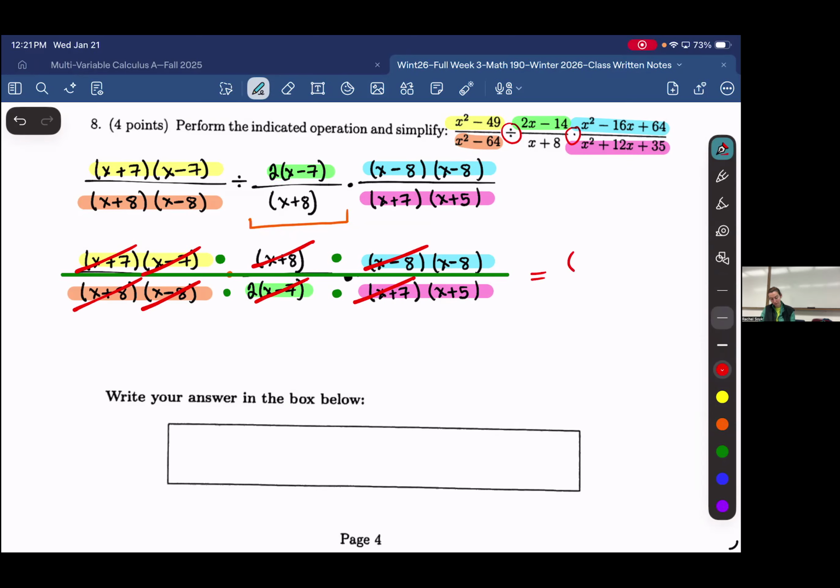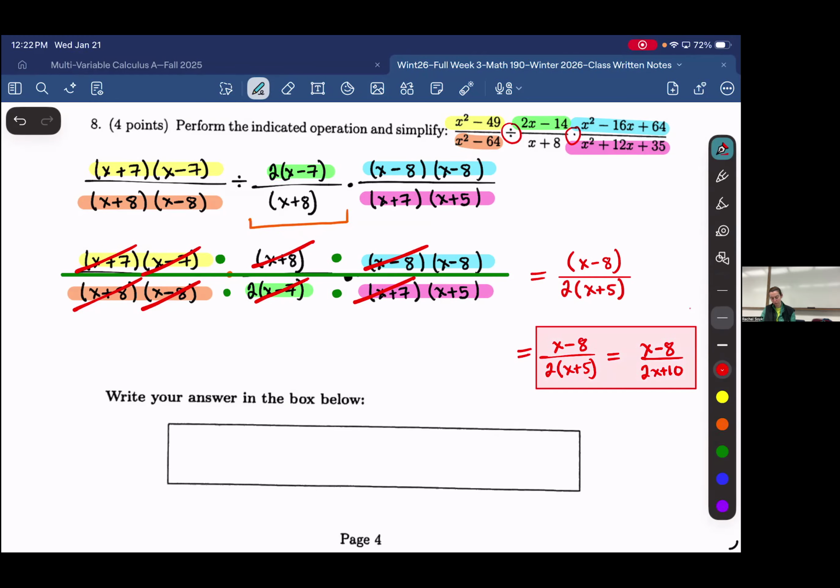We only have x minus 8 left in the numerator. And then in the denominator, we're left with a 2 and an x plus 5. So you can either write your answer as just x minus 8 over 2x plus 5, or if you wanted to distribute that 2, you can write it as x minus 8 over 2x plus 10. Either of these would yield you full credit.